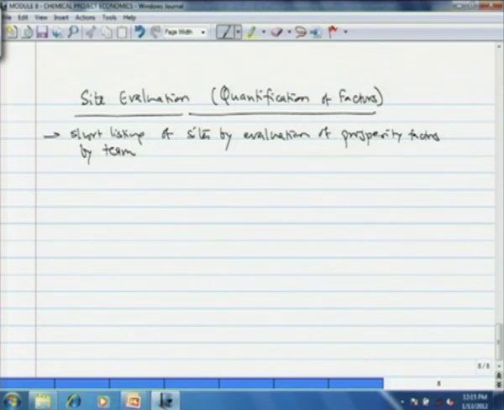Then further data for these sites could be assessed. One important aspect is the land availability. For this, you have to check with the State Industrial Development Corporation.